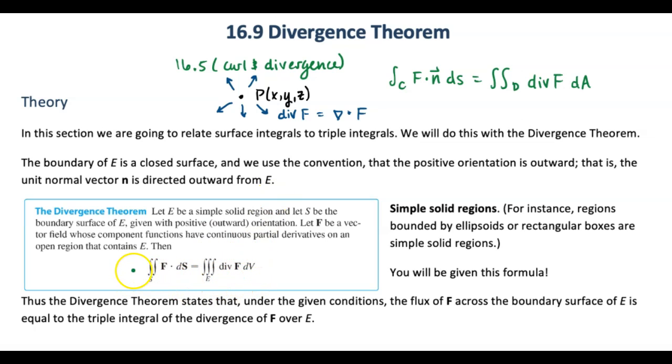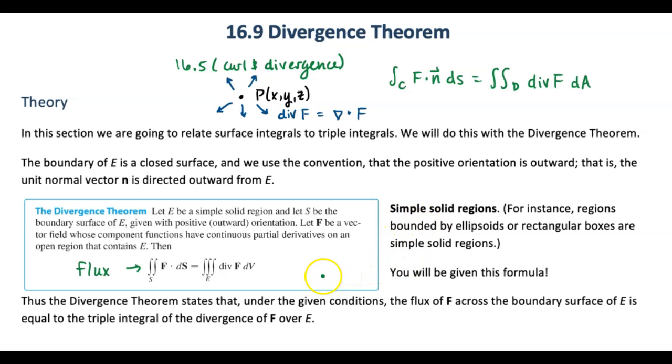One thing to note here, remember what this is? The double integral over some surface of the dot of f and dS. We said that this was called flux as well. You might see it being called the surface integral or the flux. The other requirement is that E is some bound of a simple solid region.